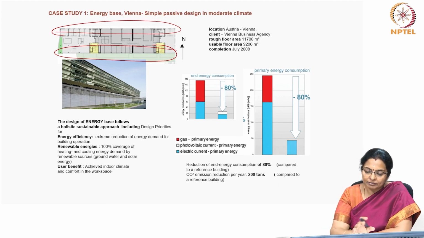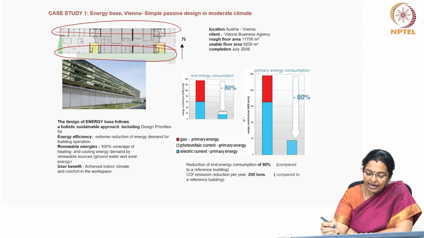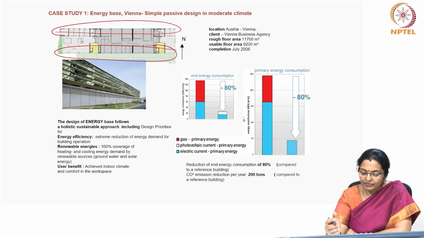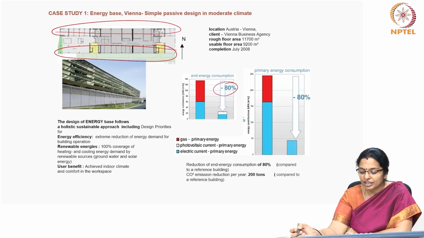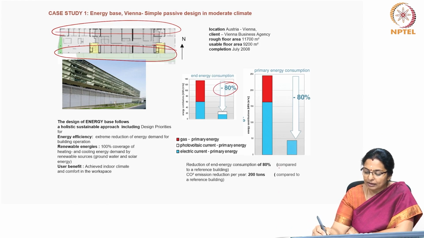Because of the orientation and other features like shading devices, use of glass, etc., you can see the end energy consumption as compared to the base case. There is an 80% reduction in the use of primary energy as compared to the reference building.